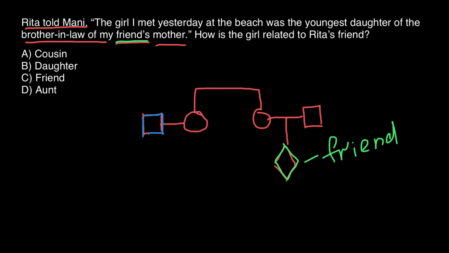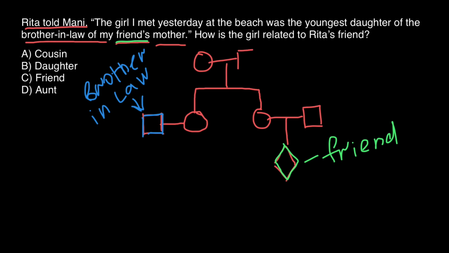In relation to the friend's mother, this is going to be the brother-in-law. For the full picture, let's also add parents here. Now it is easier to understand that these are two sisters, and for the sister, the husband of her sister is going to be a brother-in-law.